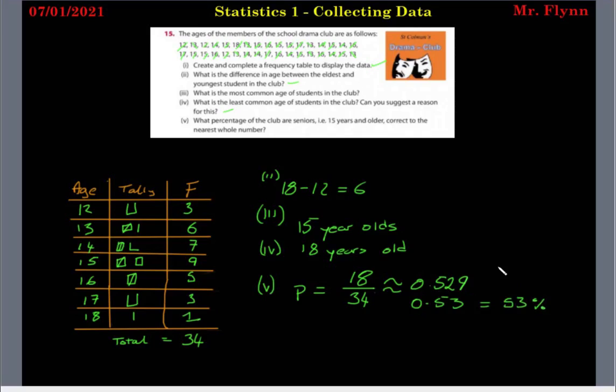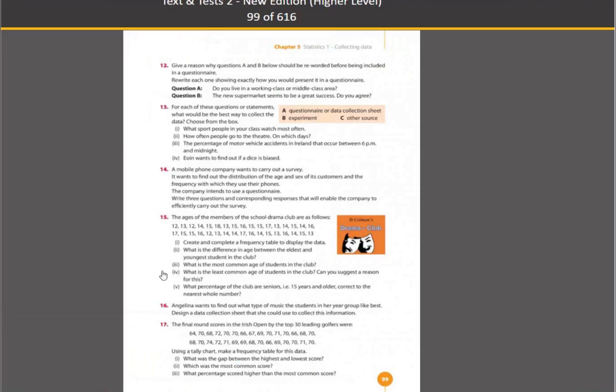So the percentage there is 53. So the only part of that you should have had maybe an issue with was the last part, part 5, assuming that you were happy enough with making your frequency table.